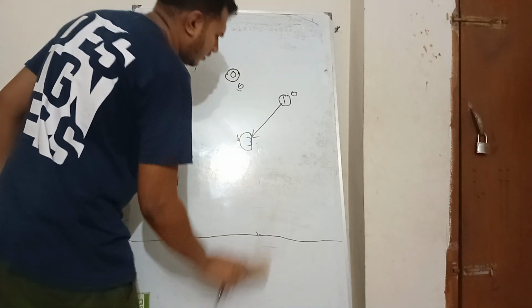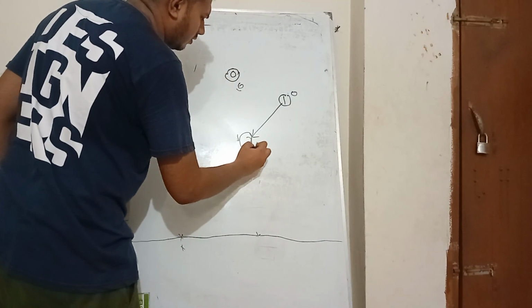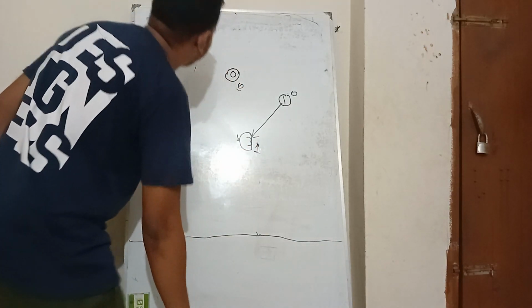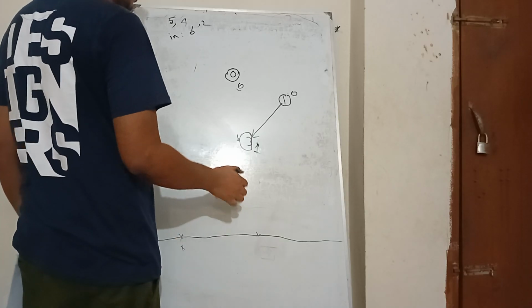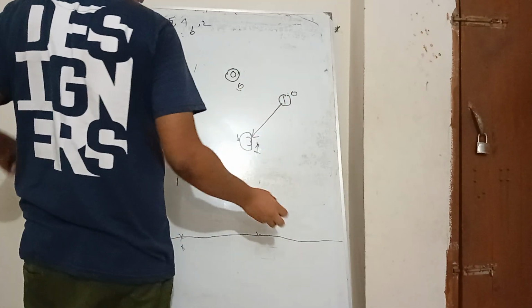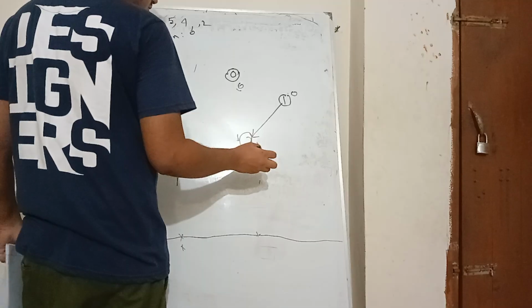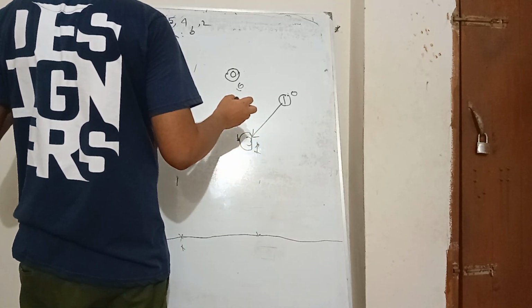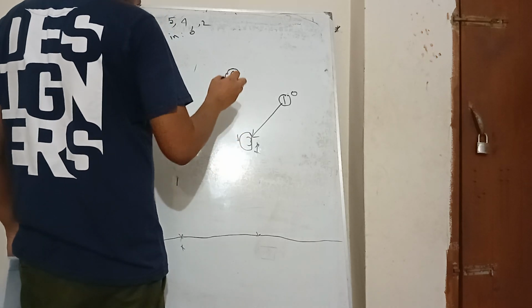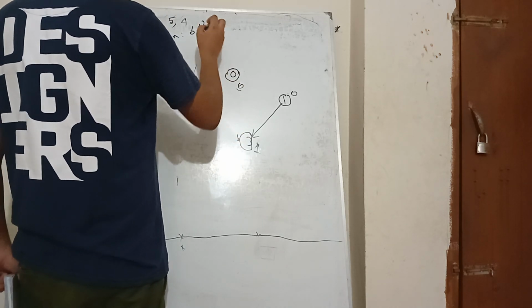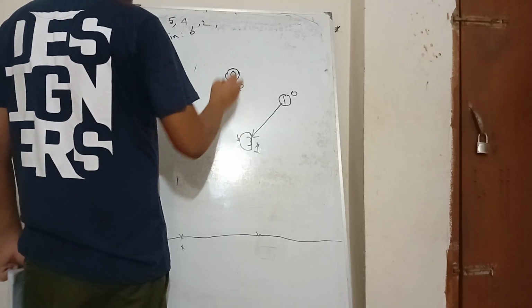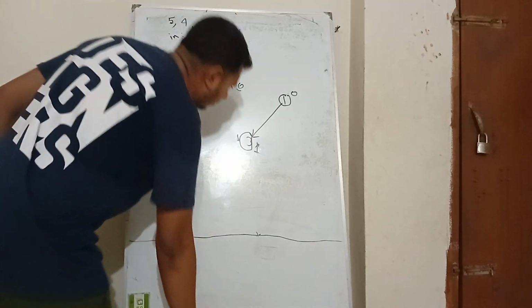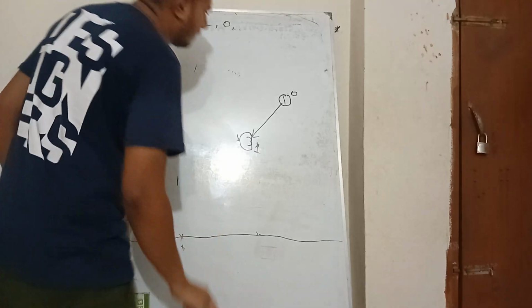Now 3 has in degree 1. Okay, now we can remove 0 or 1. Let's remove 0.